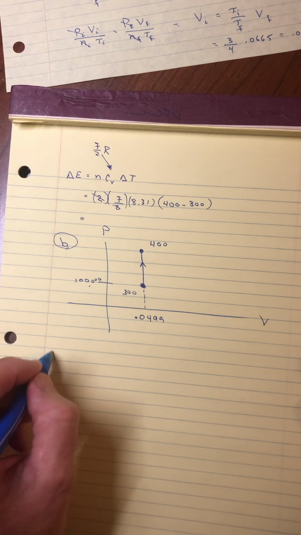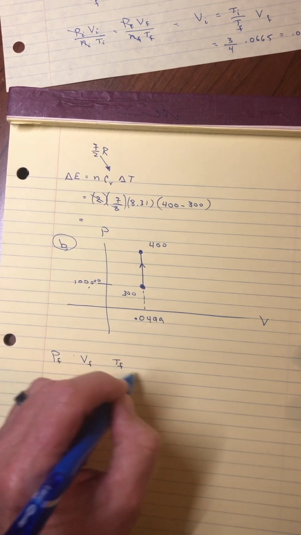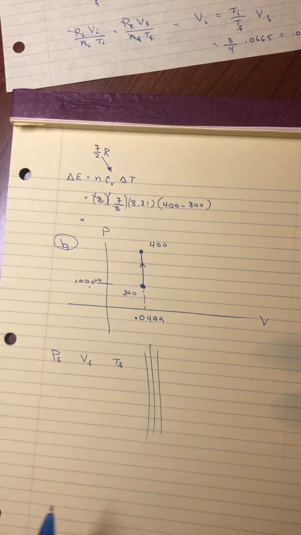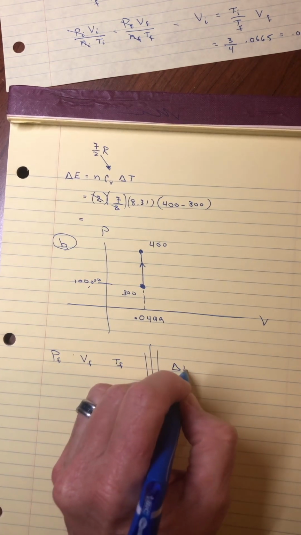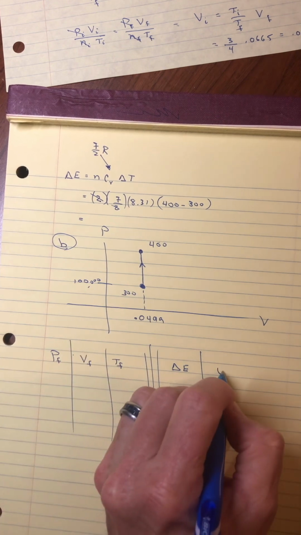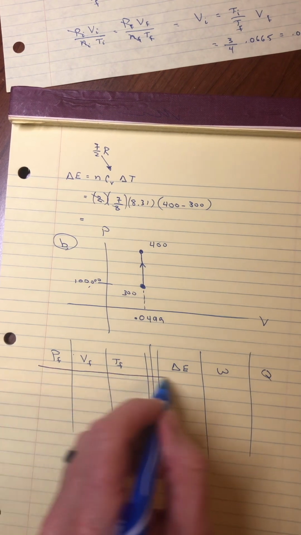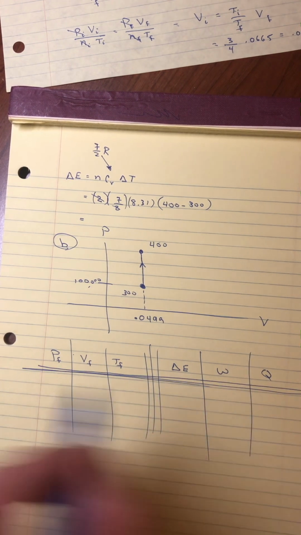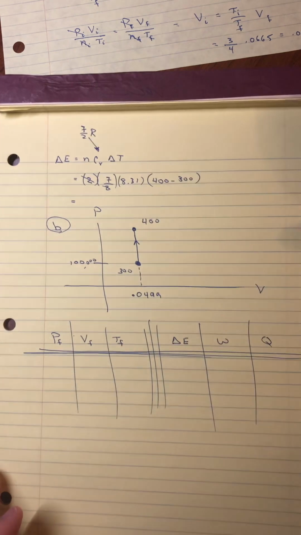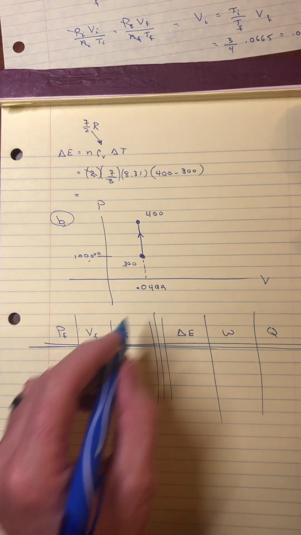And if I kind of make this chart again, final pressure, final volume, final temperature, and then change in internal energy, work, and heat. Let me start with these three. Clearly, the final temperature is the easy one.